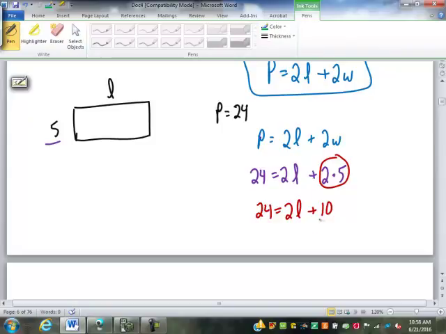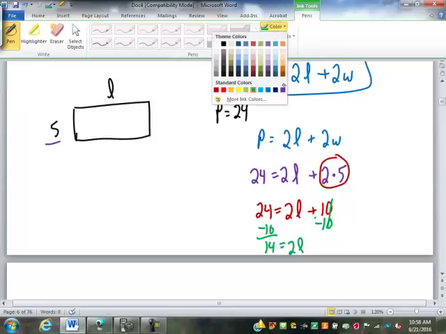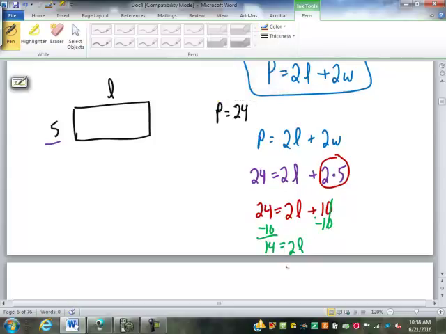So I would have to subtract 10. 14 equals 2L. And then divide by 2. So 7 equals L. And that actually is what I was looking for there, was just the length.